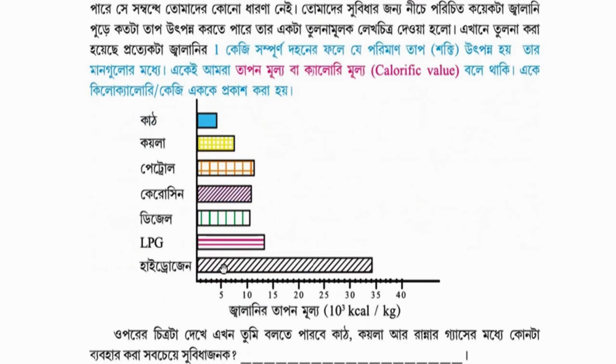Just see this graph. Hydrogen has the highest calorific value. LPG is somewhat less. Diesel, kerosene and petrol are more or less near each other. Koila means coal, it is less than petrol. Wood is much lower.